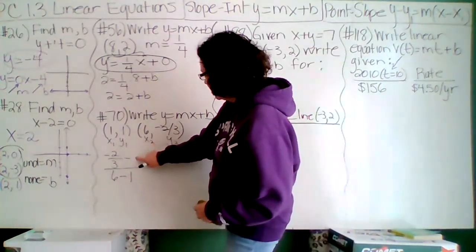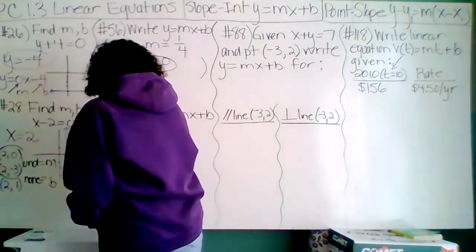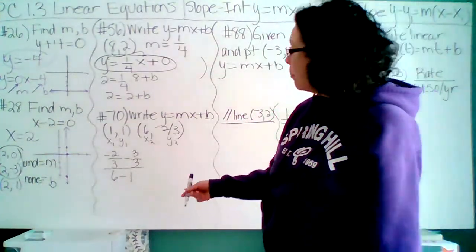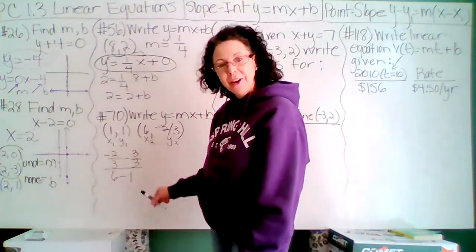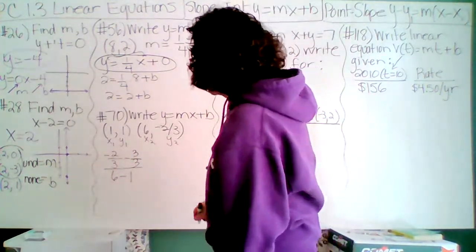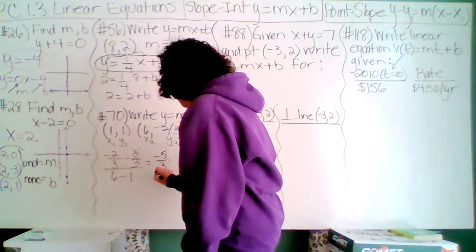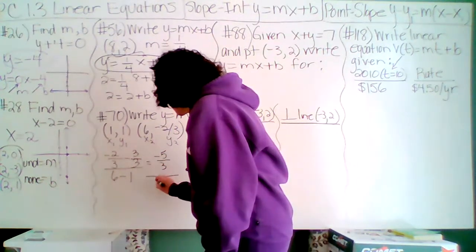So take a look at this one. Would you agree 1 is 3/3? It's still 1, but now I can do the math here, right? Negative 2/3 minus a 3/3 is a negative 5/3, right, over 6 minus 1 is 5.